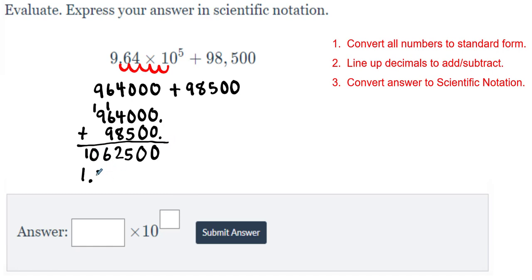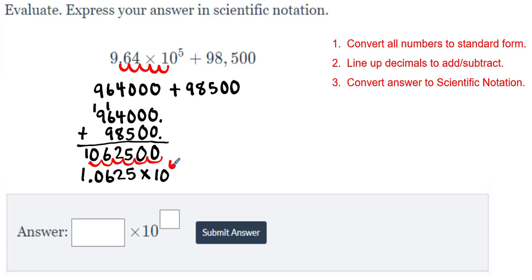Well, most of them. I'll rewrite the 0, the 6, the 2, and the 5. And then these zeros to the right, we don't need those. So I'm just going to put 1.0625 times 10. And then again, to decide how many, this is obviously a really big number. So if I was to move it back to its original spot over here, I would go 1, 2, 3, 4, 5, 6 spots.